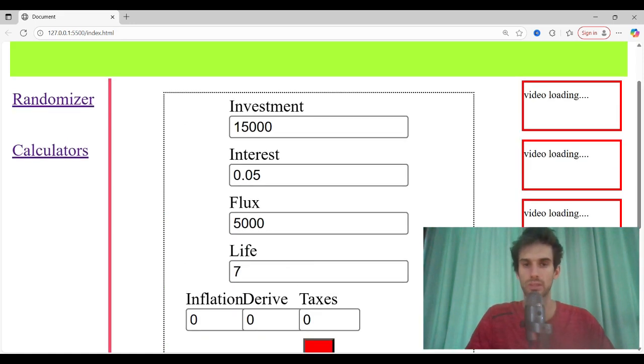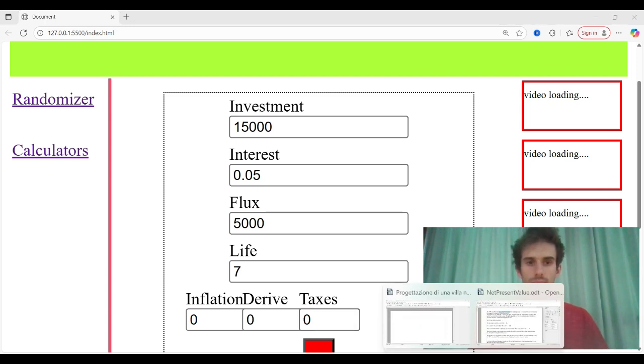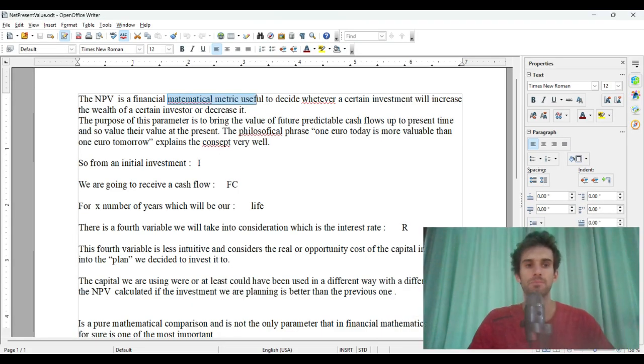Anyway, the most important is the net present value, and now I'm going to explain what the net present value and all these other parameters are, for those who may not know it. The net present value is a financial metric that is useful to decide whether a certain investment will increase the wealth of an investor or decrease it.